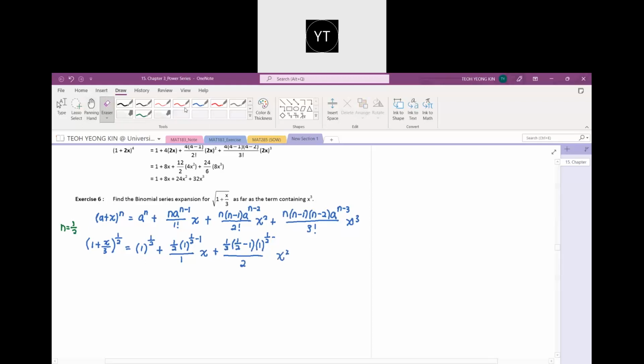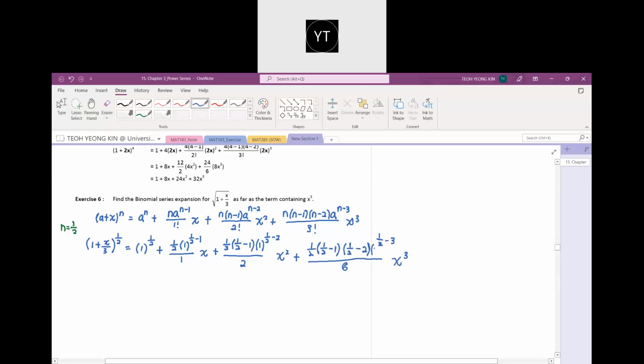Then plus n, 1 over 2, times (1 over 2 minus 1), times (1 over 2 minus 2), and then a^(1/2 minus 3) over 3 factorial, which is 6, and then x cubed. Sorry about that, our a is 1.